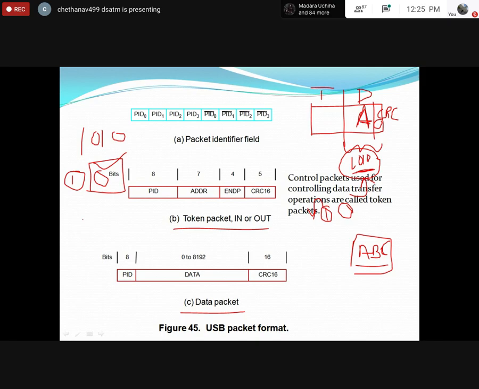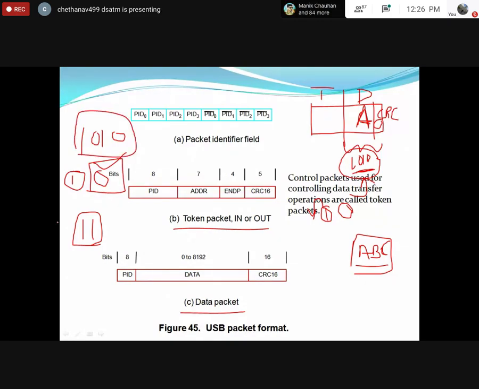Suppose I give one more example. Suppose I'm sending the data only 1 1. This is the data I've sent. What is my CRC code actually? 0 or 1? Initially the bits were 1010 and I added them.